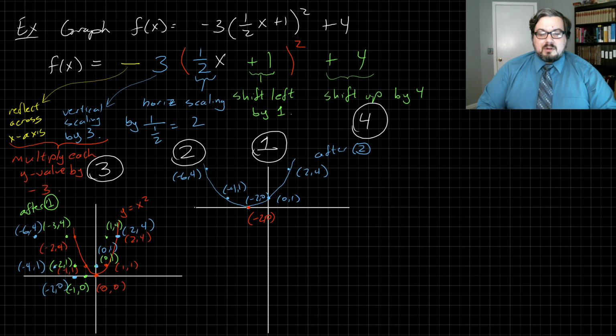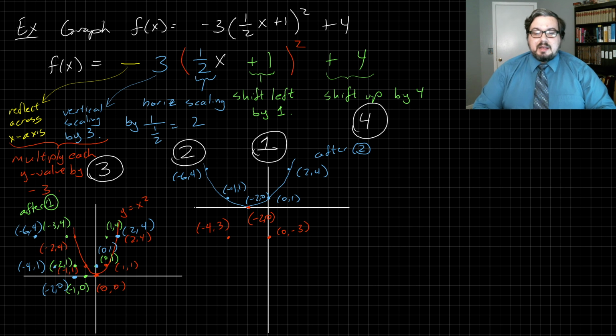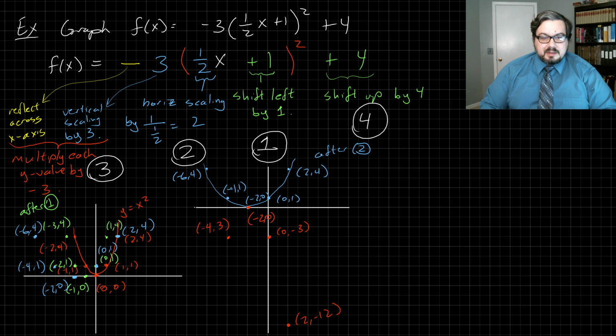The point 0, 1, you multiply that y value by negative 3, and you get to the point 0, negative 3. Negative 4, 1 gets reflected and stretched to negative 4, negative 3. And then the point 2, 4 gets transformed to 2, negative 12. So that's going to be down here, 2, negative 12, and then negative 6, negative 12.